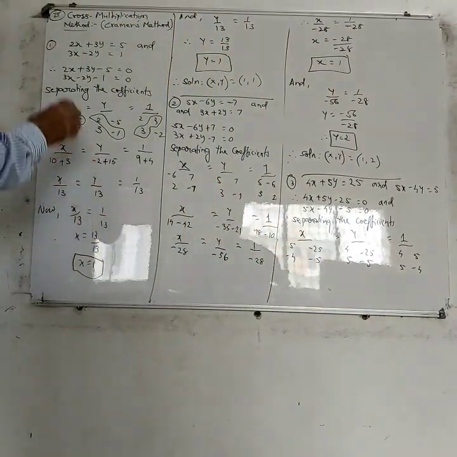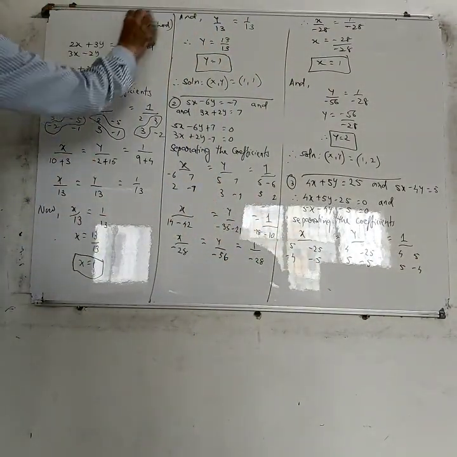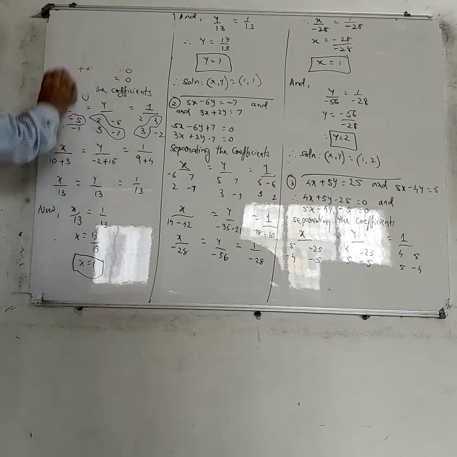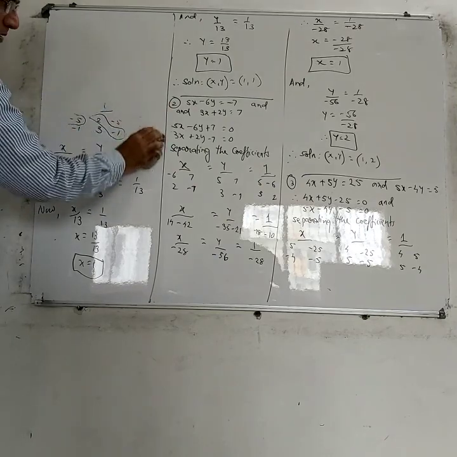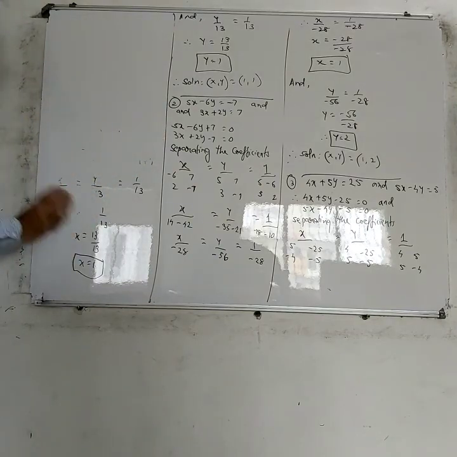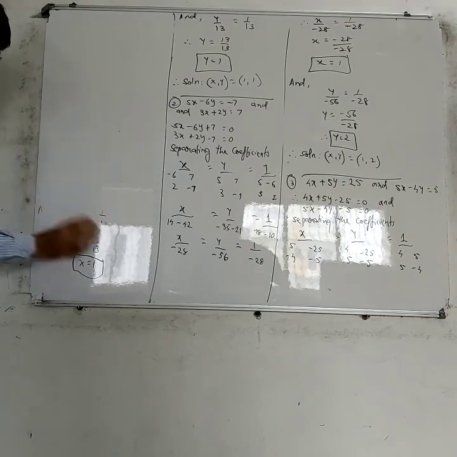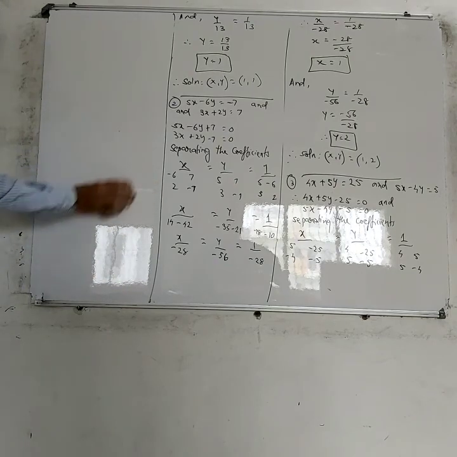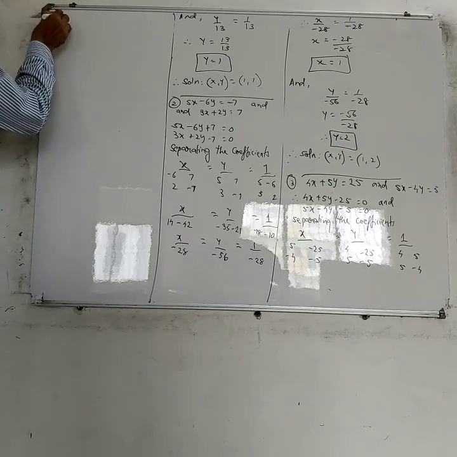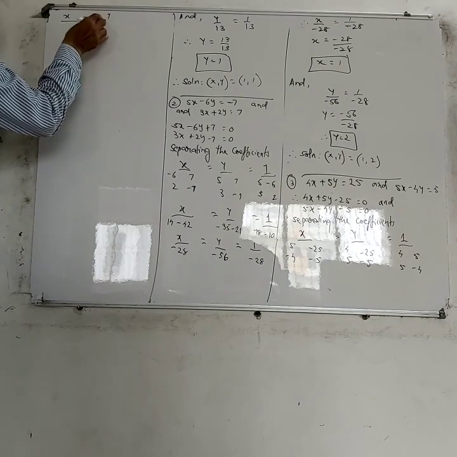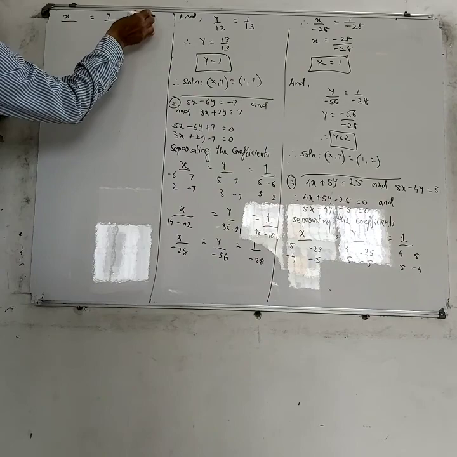Okay. Once you have separated the coefficients, then it becomes easy to multiply and find out the values. But while multiplying, be careful which side you are supposed to cross multiply, especially under y. Alright, so let us say x, y is equal to 1.